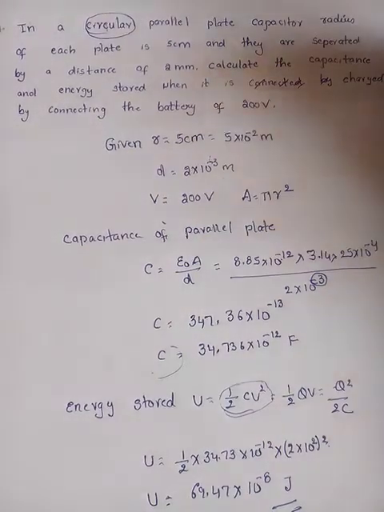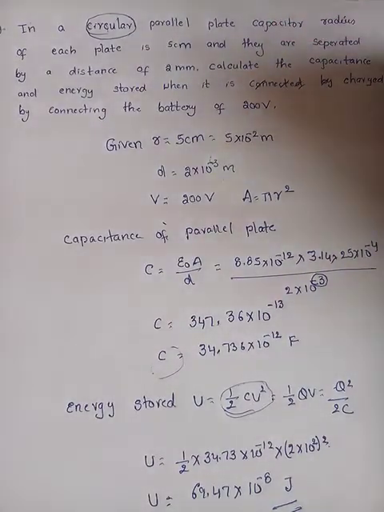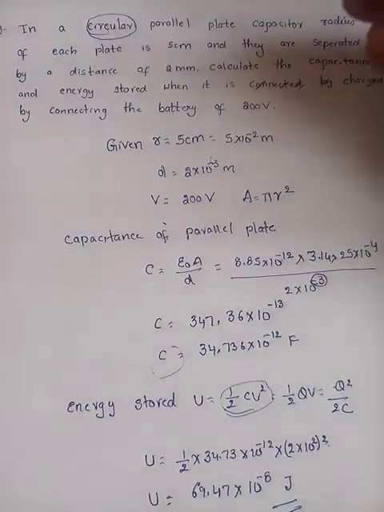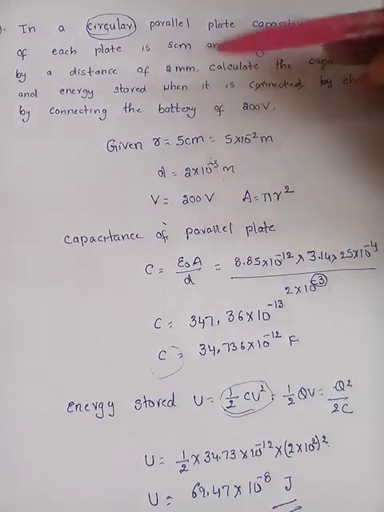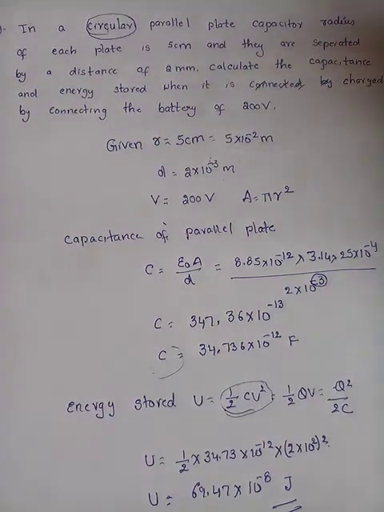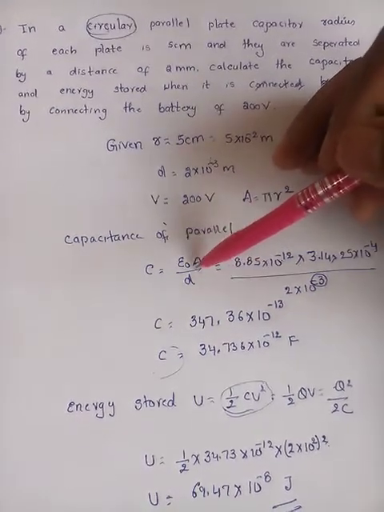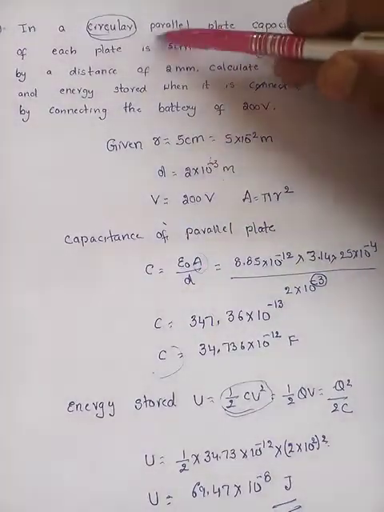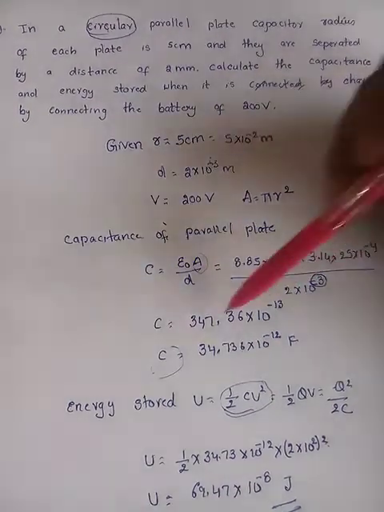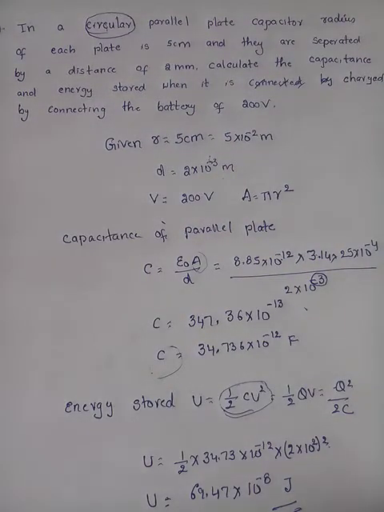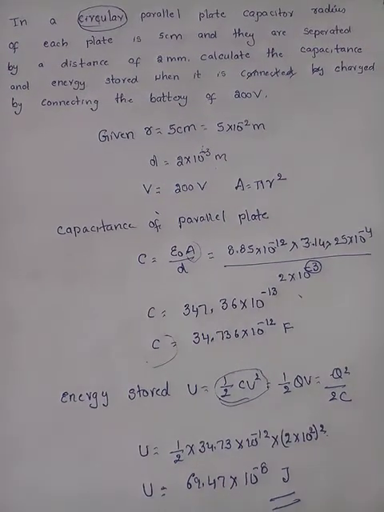Clear? In this question they clearly mentioned that it is a circular plate of radius 5 centimeters separated by a distance of 2 millimeters. To calculate the capacitance, the formula is C equals epsilon naught A by D, where the area of a circular plate is pi r square. On substituting the values, we get the answers for C and U, where C is the capacitance and U is the energy stored.